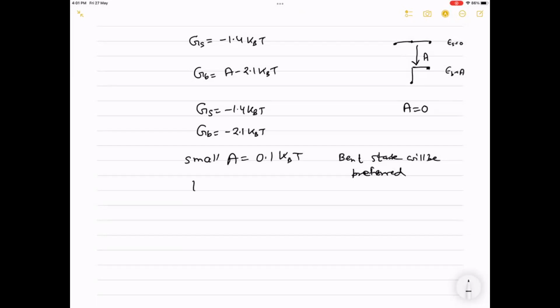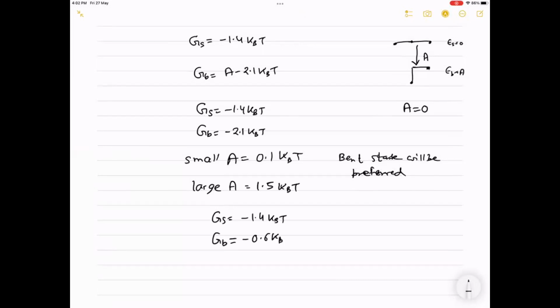However, if we consider that a is large, something like 1.5 kBT, a large amount of energy is required to go from the straight state to the bent state. In this case, what we'll get is that GS will be equal to minus 1.4 kBT, and then GB will be equal to minus 0.6 kBT.